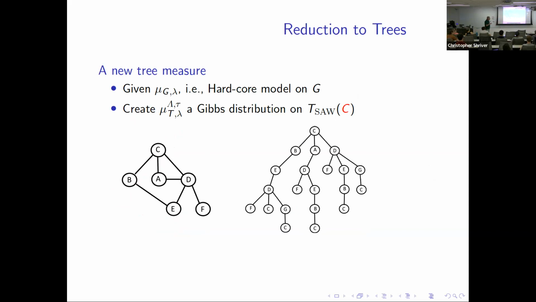So we have this graph, and suppose that we want to compute the marginal at vertex C, and we create this tree of self-avoiding walks. We introduce a hardcore model on the tree, starting from C, which essentially is just a distribution with the same fugacity, right?